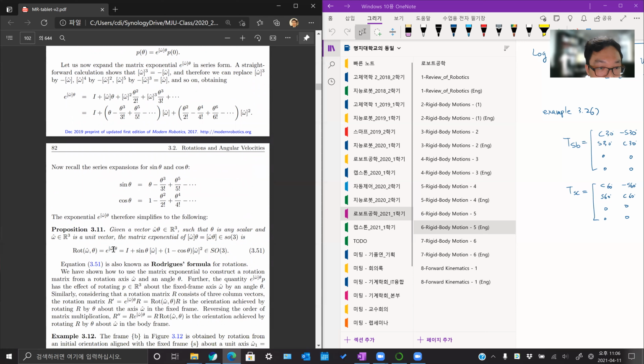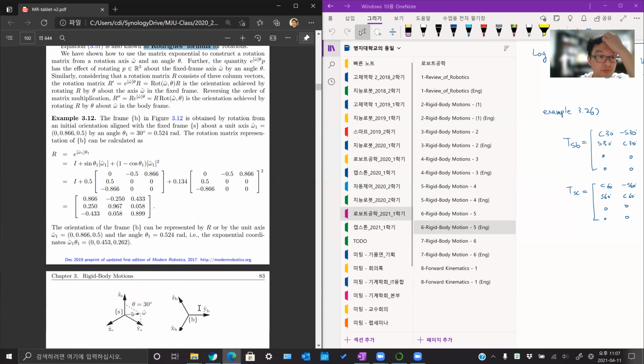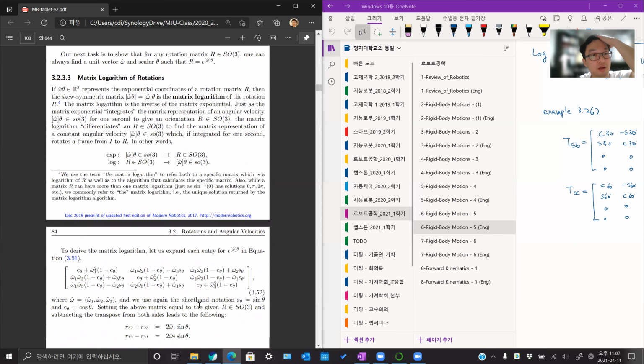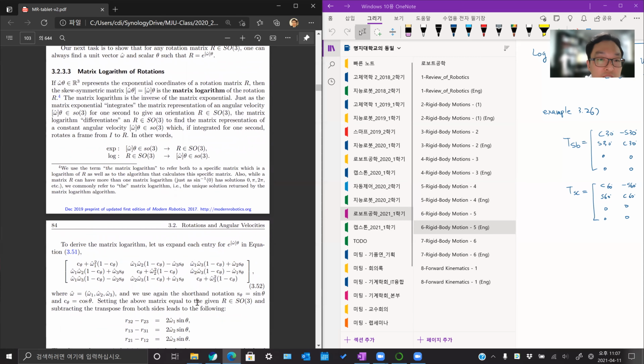So skew symmetric matrix of unit angular velocity vector multiplying theta. This one is small SO3, and this small SO3 can be transformed to large SO3 using exponential. So this one was Rodriguez formula. And by using logarithm, we can transform large SO3 to small SO3.